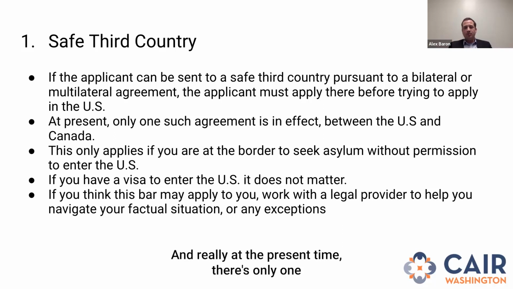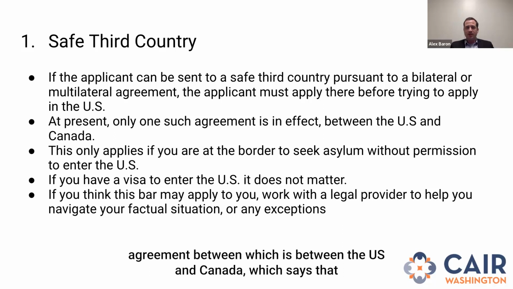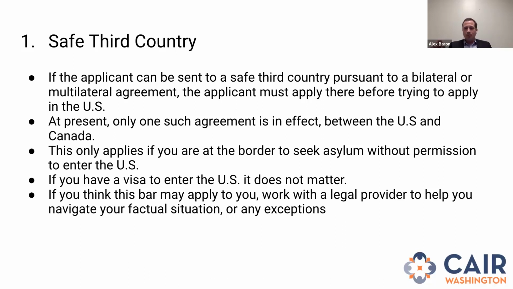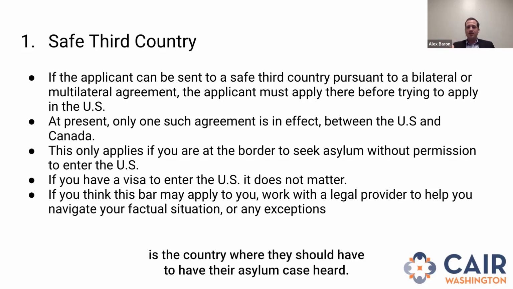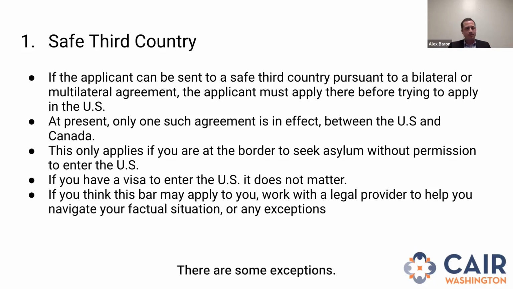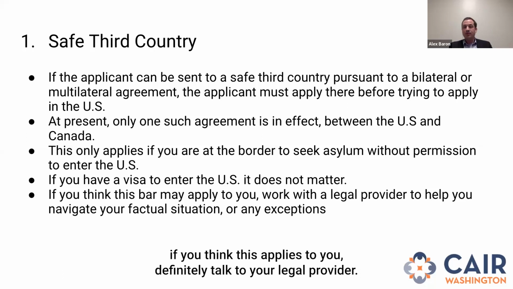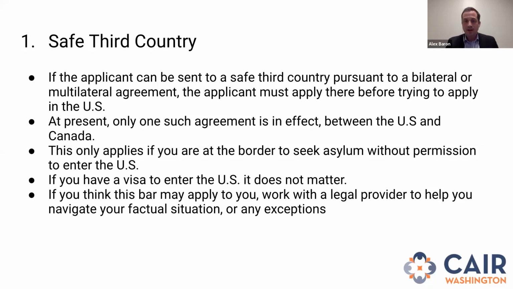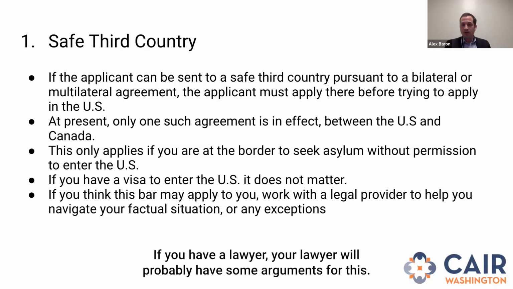And really, at the present time, there's only one agreement which is between the U.S. and Canada, which says that whichever country the person sets foot on first is the country where they should have to have their asylum case heard. There are some exceptions. So just as Angelique said a moment ago, if you think this applies to you, definitely talk to your legal provider. If you have a lawyer, your lawyer will probably have some arguments for this.